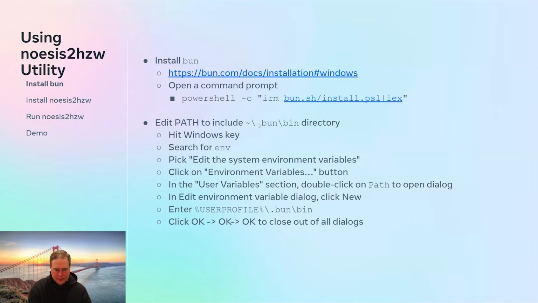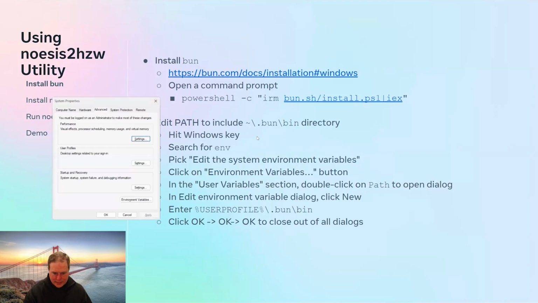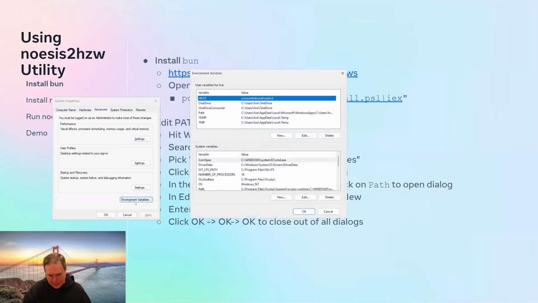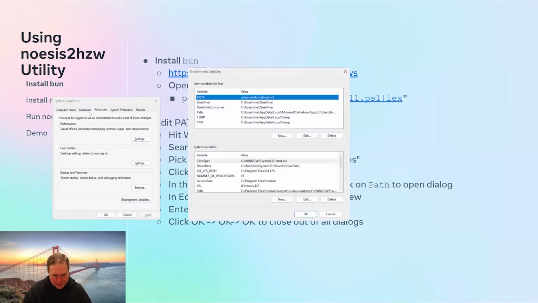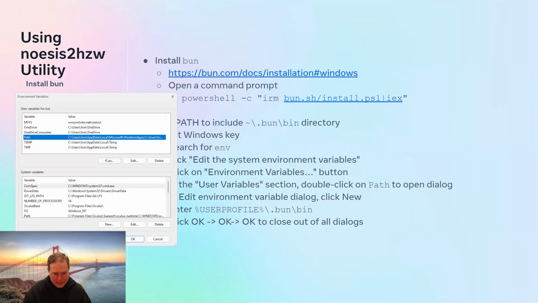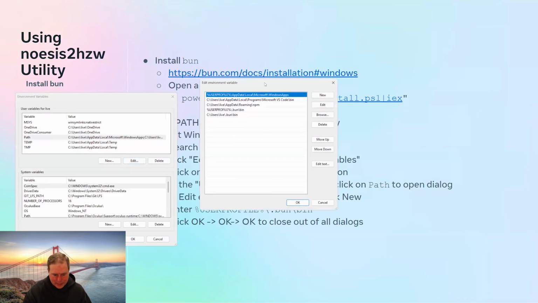So this looks like you're going to click the Windows key and then search for env and then pick edit environment variables, and it will bring up this little dialog. You click environment variables, then go down to Path, double click on that, and it'll bring up this little path browser.